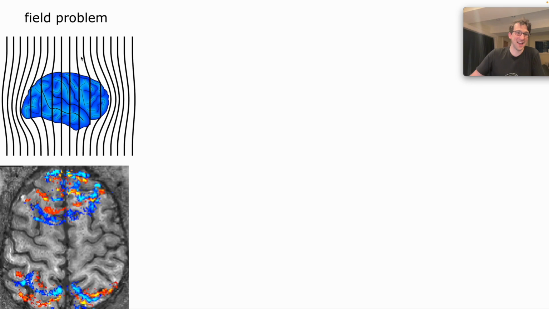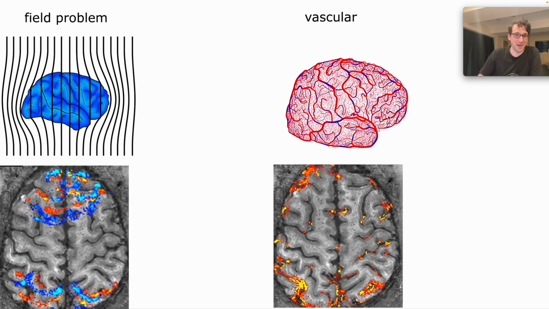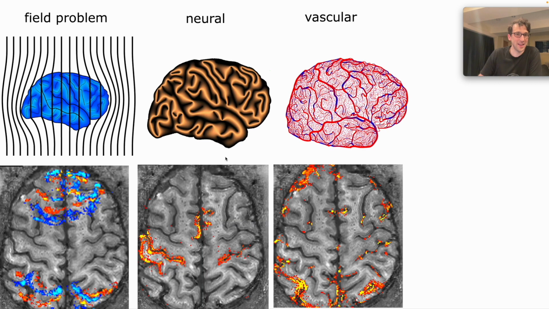So here we have ICA components, and one of them is coming from field problems. Basically, when you have a sample in the field, it changes the field, it distorts the field, and when you move in the field, then you have these kinds of artifacts. The second one might be vascular artifacts. I think it was specifically visible down there, pulsating, right? This is usually a signal that we don't care about. Then here we actually might have had a working memory paradigm, but people have resting state on top of that and wiggle their fingers during the scan.